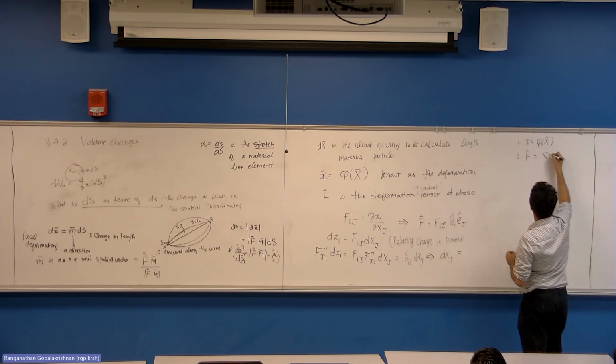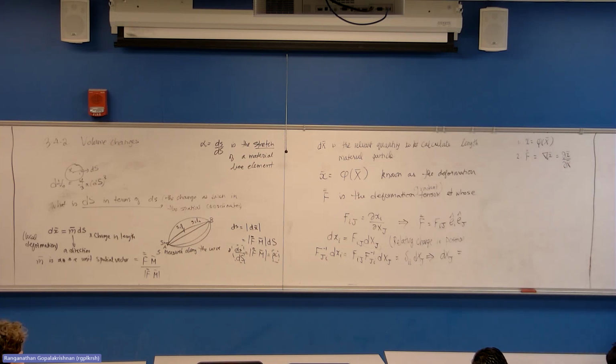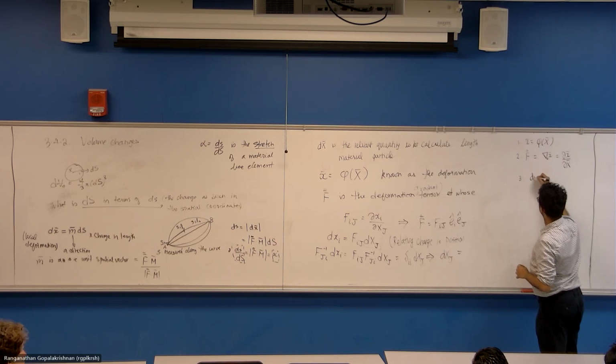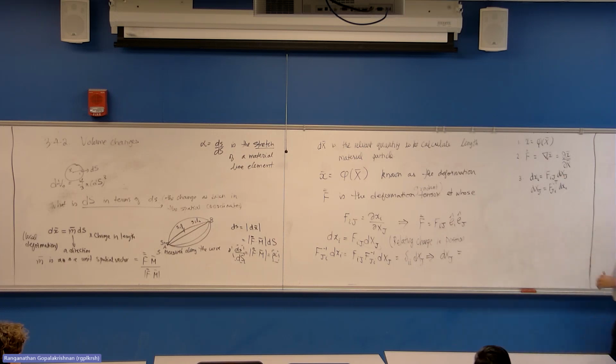That is the gradient of x with respect to uppercase X, or partial x over partial uppercase X. Number 3, dx or dx_i equal to F_ij dX_j, which is the same as writing dX_j is F_ji inverse dx_i, F inverse, just inverse.